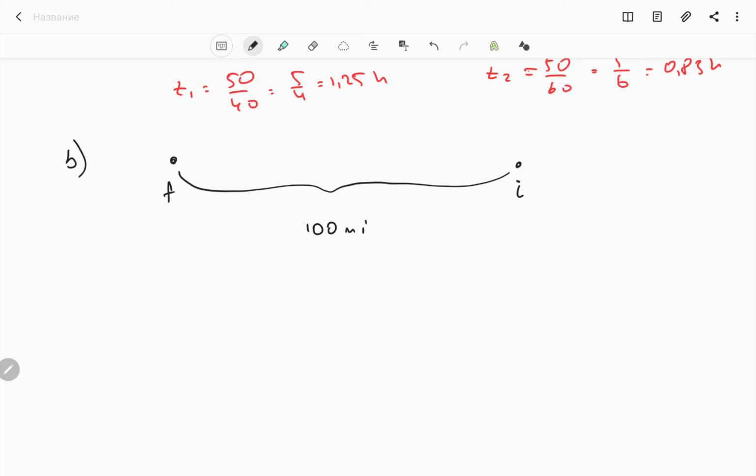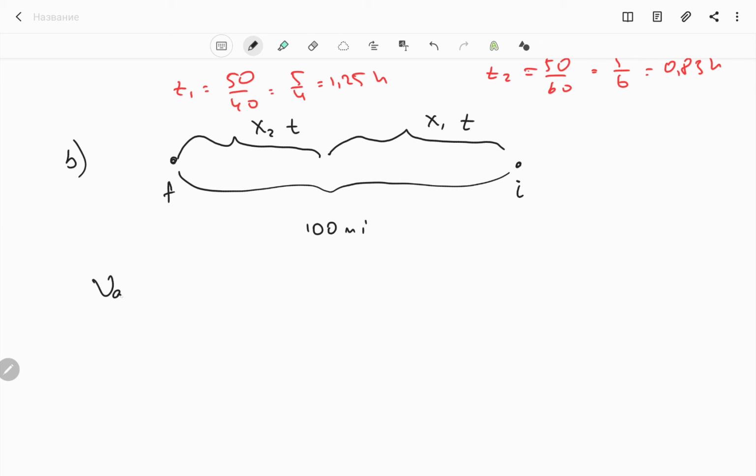Half time, the distance that she will travel in half the time is unknown, let it be x1, during time t. The second half will be x2, and the time will be the same, yes? Because it's half time.